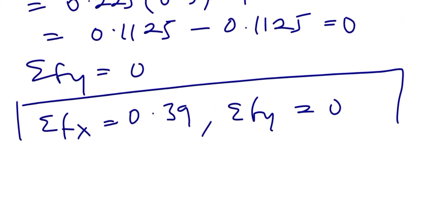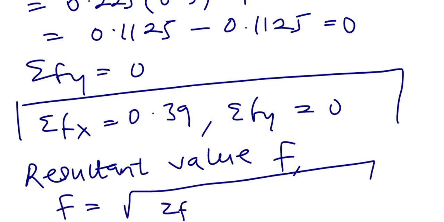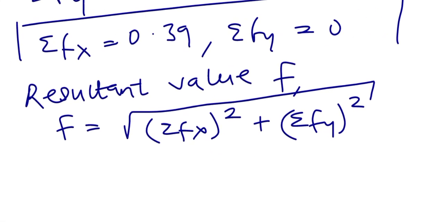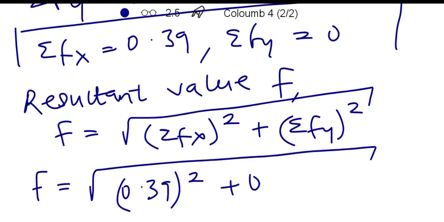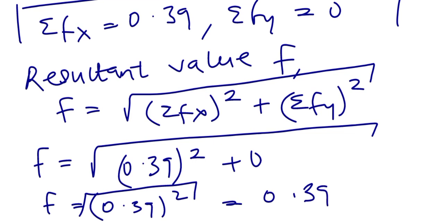Now to find the resultant value F, F equals the square root of the summation of Fx squared plus the summation of Fy squared. Substituting, F equals the square root of 0.39 squared plus 0, which is 0.39 Newton.